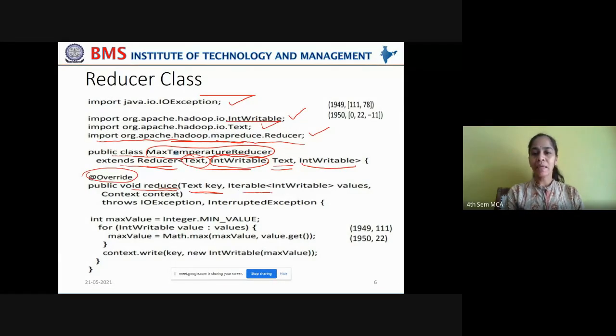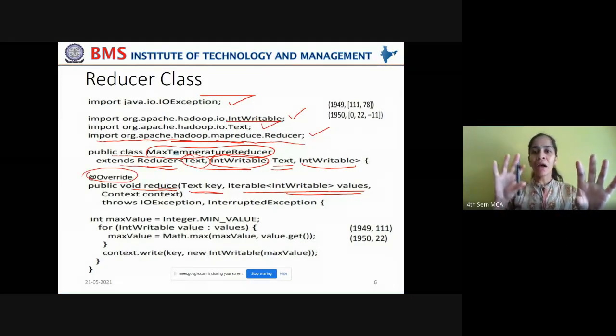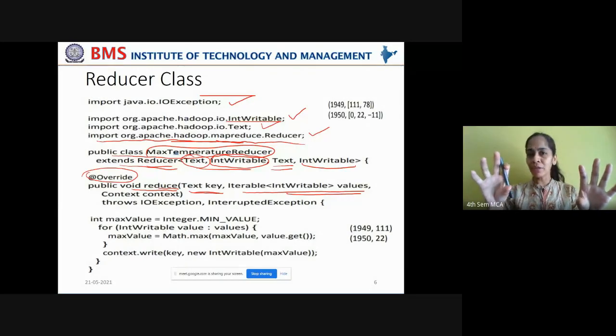Now observe this carefully. What is it expecting as value along with the key? As input to the reducer phase, it is expecting a series of A temperatures. Remember, when the key value pairs emitted by the map phase are being passed to the reducer phase as input, some pre-processing happens in the middle.